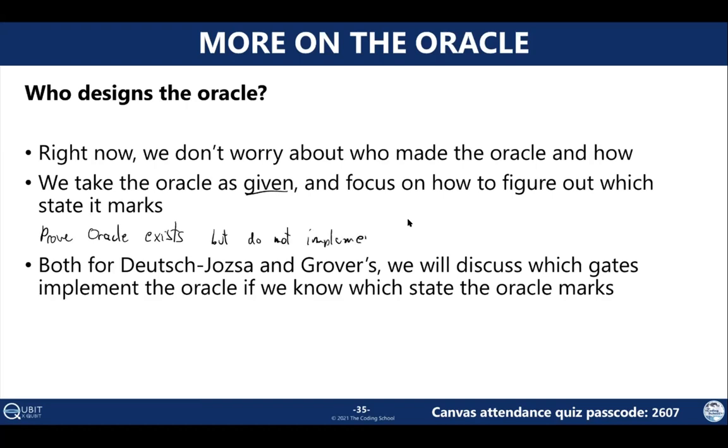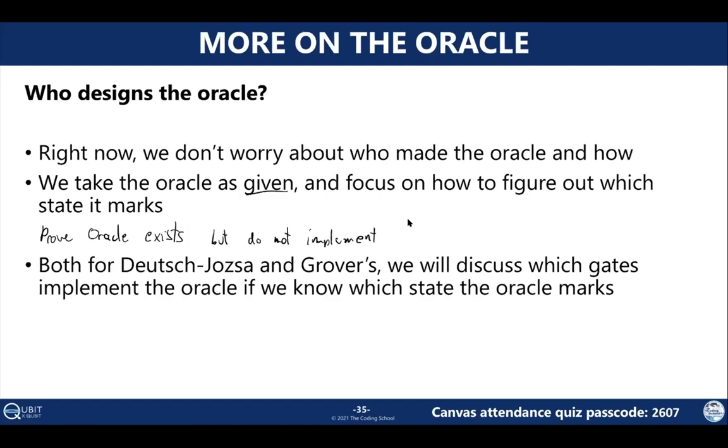Any oracle that exists that will do what we want is perfectly sufficient. We don't need to demonstrate all the possible oracles we can use. For both Deutsch-Jozsa and Grover's, we can discuss which gates the oracle will implement if we know which state the oracle marks.